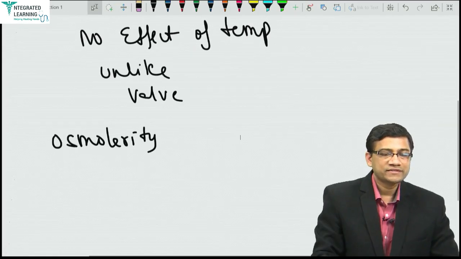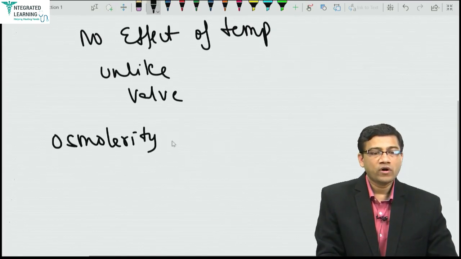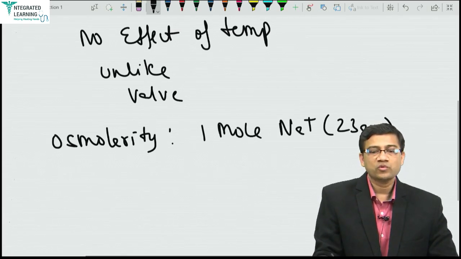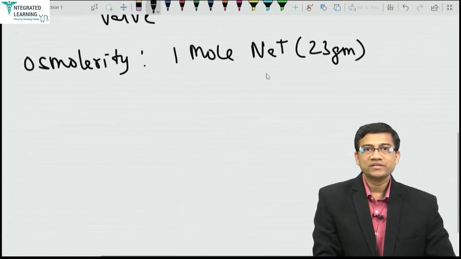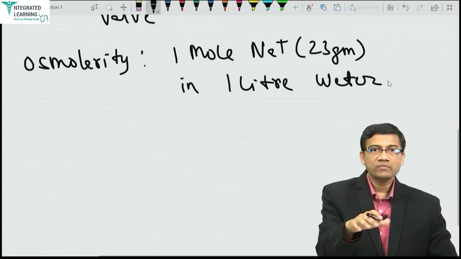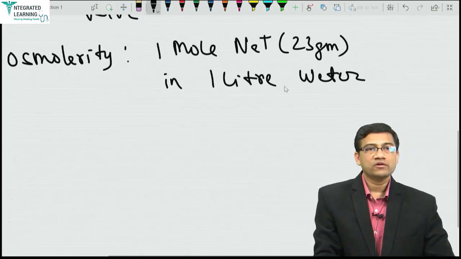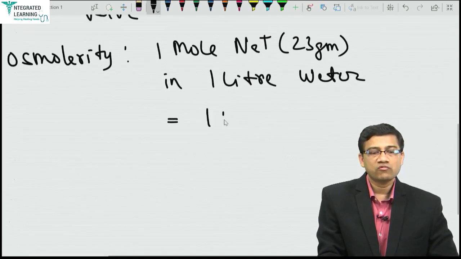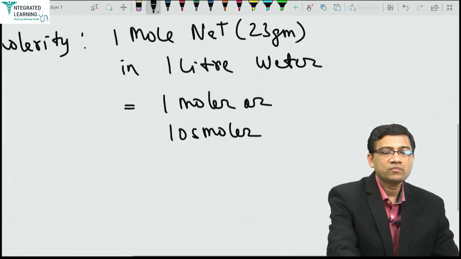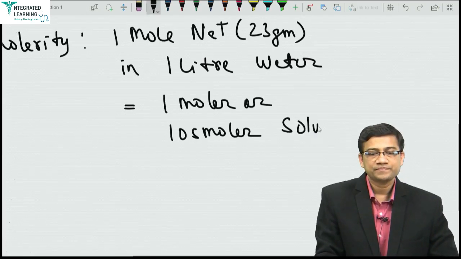How do you calculate? Let's say I add 1 mole sodium, that is 23 grams. So we know 1 mole of sodium is approximately 23 grams, okay, in 1 liter water. So if I add 1 mole sodium in 1 liter of water, we get a solution of 1 molar or 1 osmolar. Okay, so 1 molar or 1 osmolar solution.